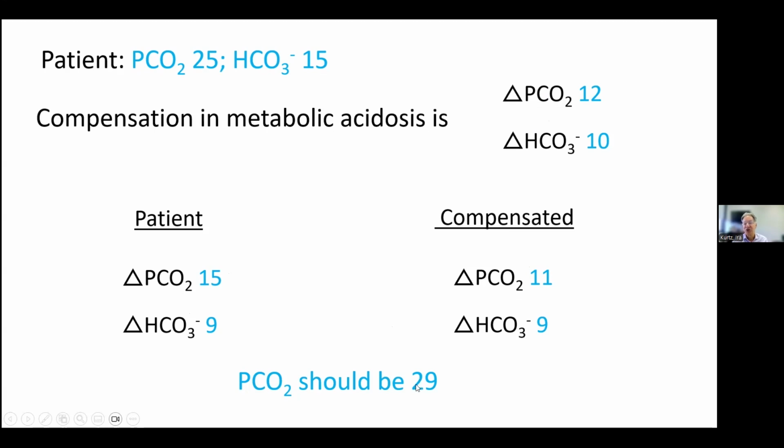So the rule is for every 10 fall in the bicarb, this falls by 12. Our patient's fell by 9. The math works out that this should have fallen by 11, a little less than 12. So if it started at 40, the PCO2 should be 29. It should not be 25. Our patient's PCO2 should have been 29 if it was appropriately compensated. So here's an example where the PCO2 fell more than we would have predicted had it been compensated appropriately.